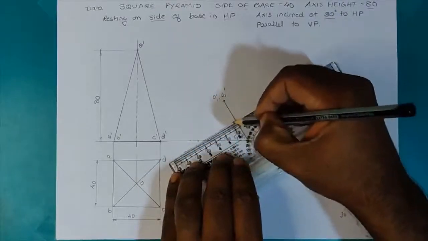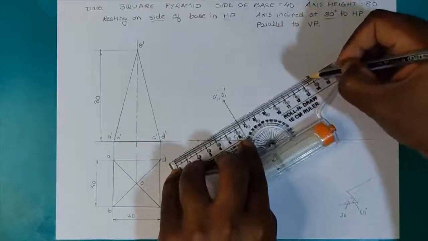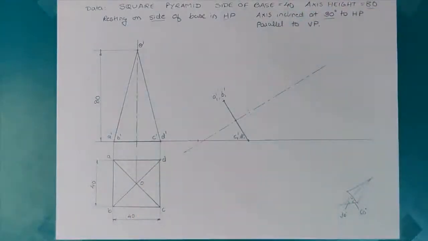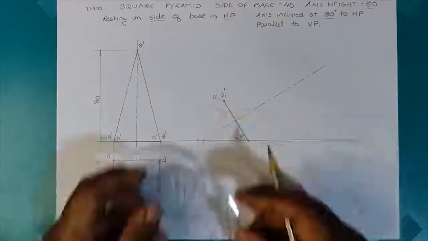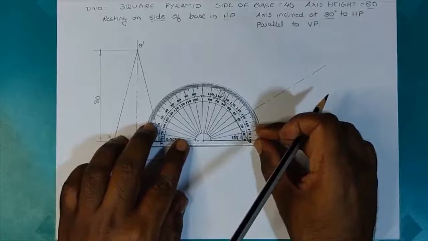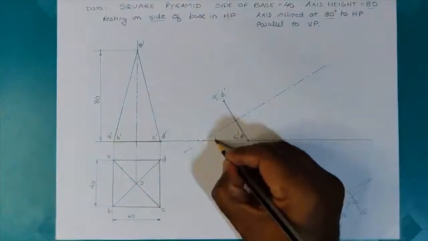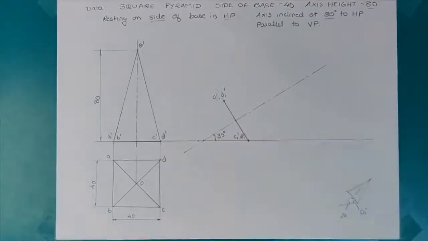So I am drawing a chain line, long and short dashes in sequence. I check that the angle of the axis is 30 degrees, as can be seen. So this is the required angle of 30 degrees.